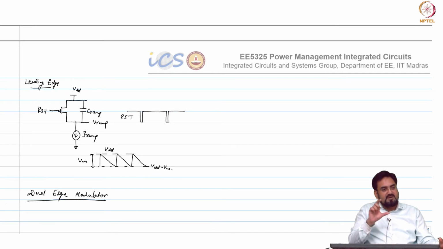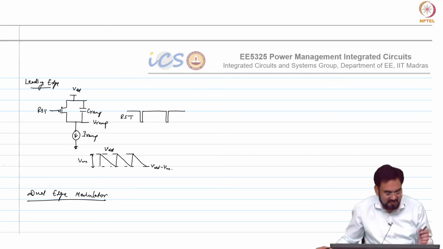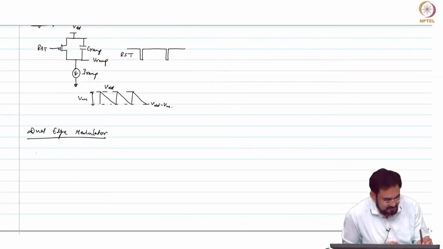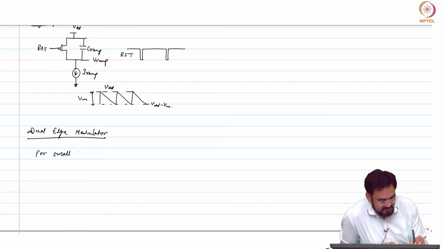until it is a very small signal. For a small signal is fine, but large signal, for a small signal I mean if you are looking for a small signal, for a small VM, let's say I would say approximately or less than 1/10 of VDD.